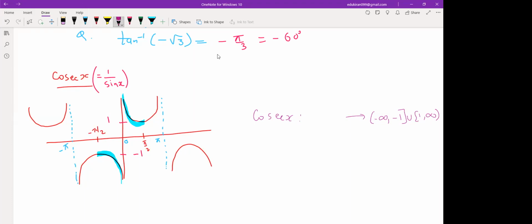So you will take minus pi by 2 to pi by 2, but you won't take 0 in between. 0, it is not defined, so you will eliminate 0. Or you can write this also like this, minus pi by 2 to pi by 2, except 0 to real number except minus 1 comma 1.